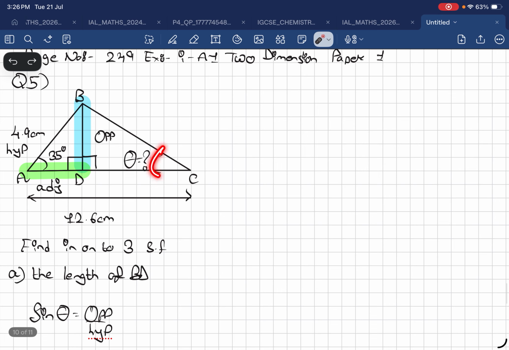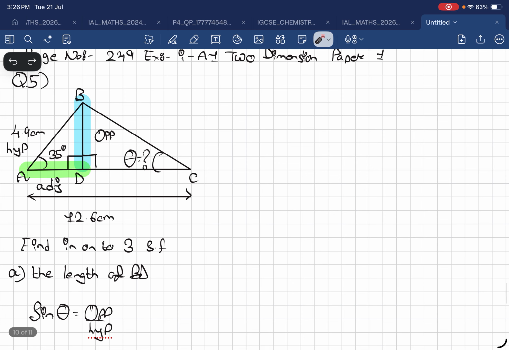I mean, theta is given, right, so why not? Subtracting the side they told us to find. Oh no. Let's do it in this way, okay? Let's do it using the large triangle method. I hope it will be easier. That's why I am doing it in this way.